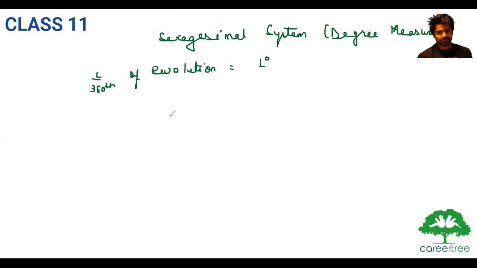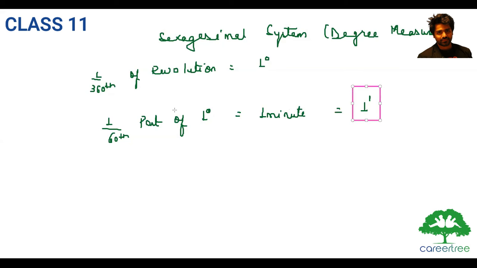Then there's a further division. 1 by 60th part of 1 degree is 1 minute, and that is represented by a single dash on top, so 1 minute, 2 minutes, like that.